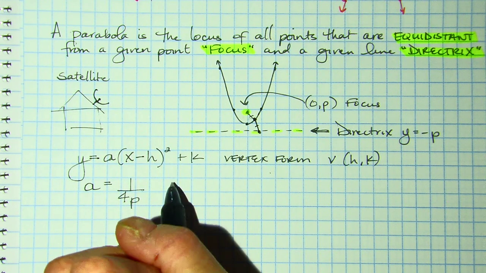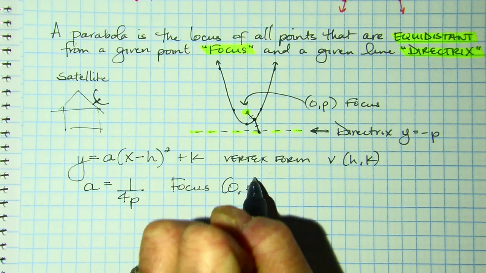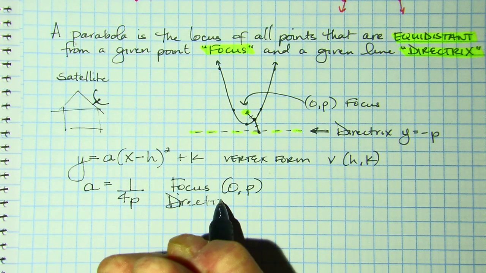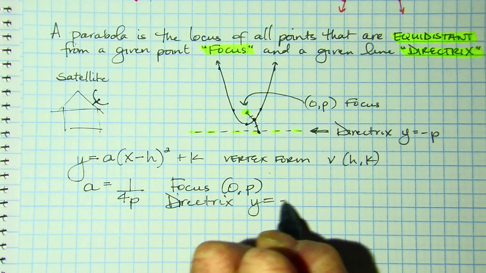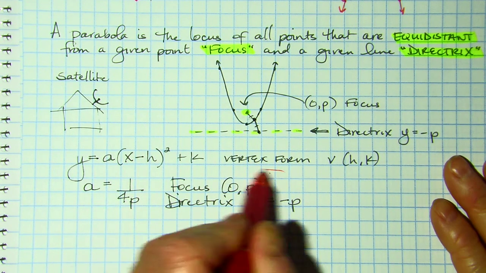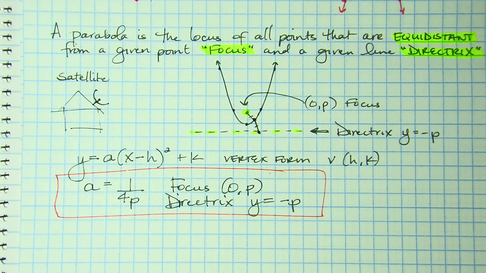And in that case, your focus will be at 0, p, and our directrix, whoops, I left an i out, will be at y equals negative p, or the opposite of whatever you got.